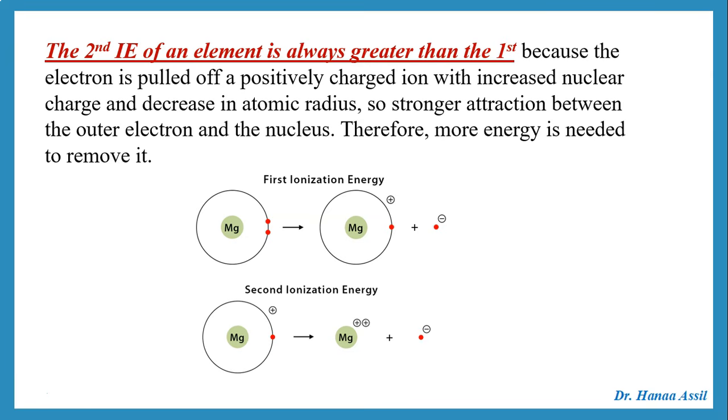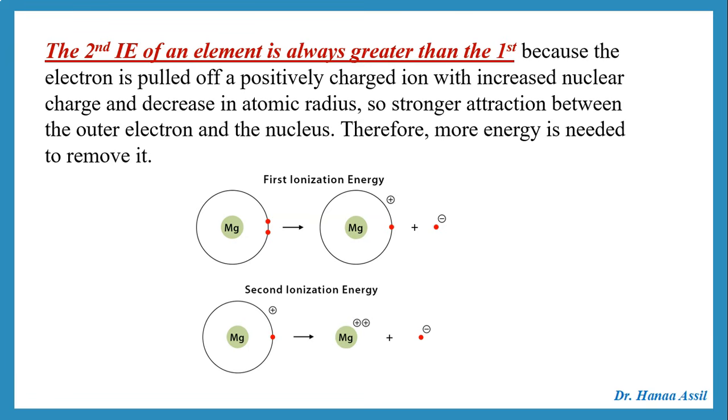Well, the second ionization energy will remove an electron from the +1 ion that has already lost one of its electrons. So that means that I have fewer electrons being attracted by the positively charged nucleus. So you have what we call increased nuclear charge.